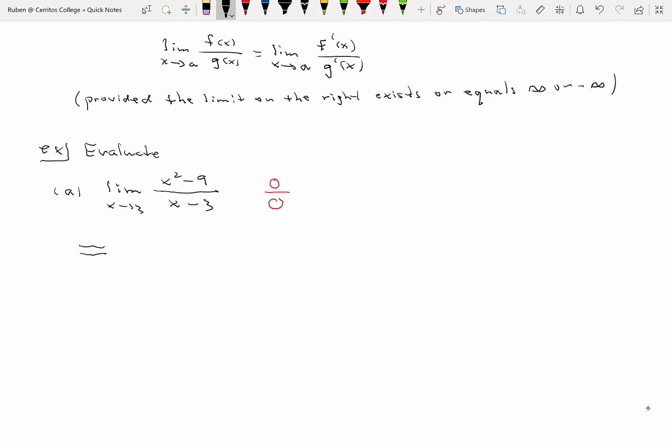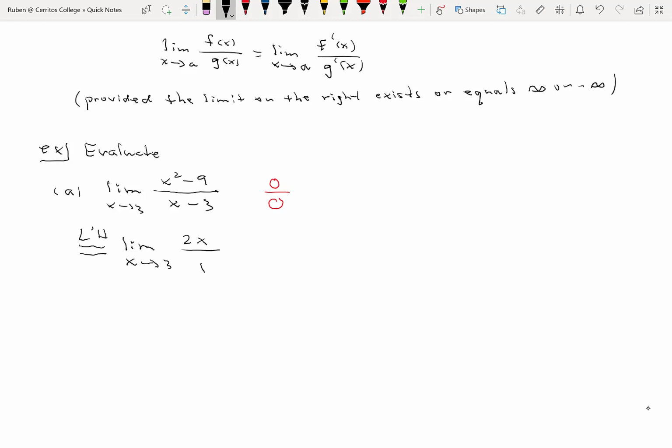So this equals, and when you use L'Hopital's rule, I'm going to ask you to draw at least a little L over your equal sign, or an L apostrophe H, only at the moments where you use L'Hopital's rule. So by L'Hopital's rule, the derivative of x squared minus 9 is 2x. The derivative of x is 1.